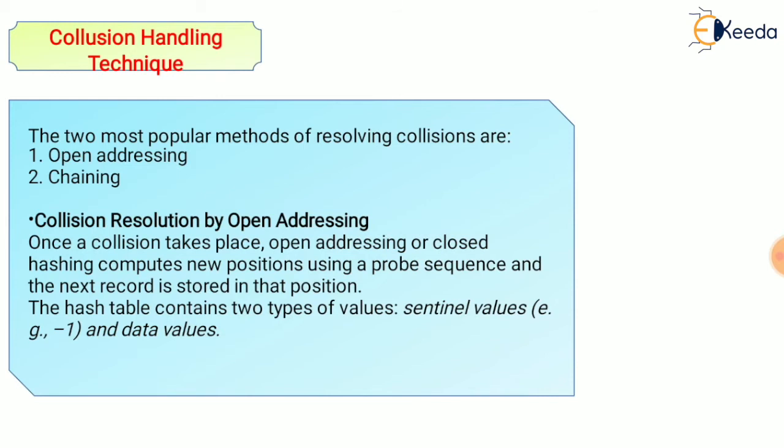Collision resolution by open addressing. In that, once a collision takes place, open addressing, which is also called closed hashing, computes a new position using a probe sequence.